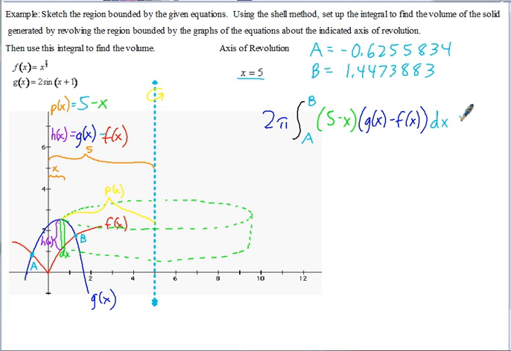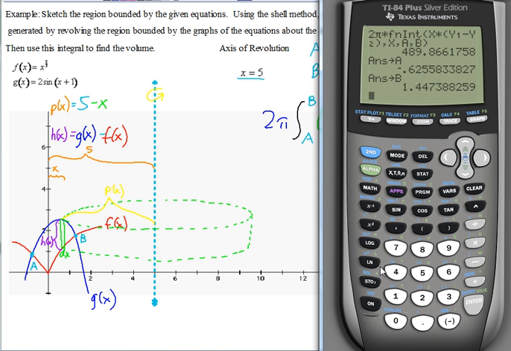Let's use our calculator to figure out what this integral equals. So again, don't forget the 2 pi.